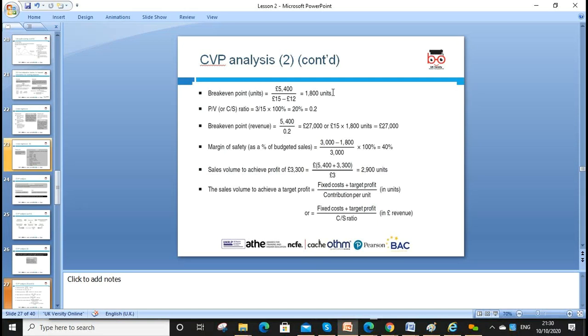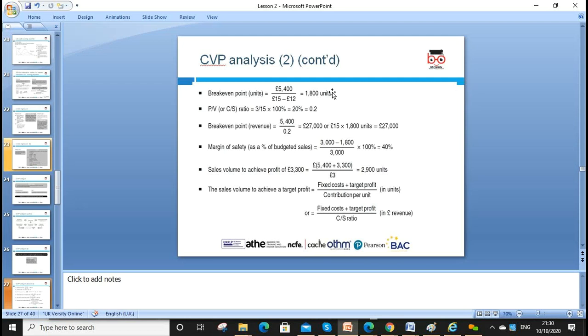So what is the contribution ratio? 3 is the contribution, 15 was the selling price, times 100. So there is a 20% contribution to sales ratio. So break even revenue is 5400 divided by 0.2, so sales of 27,000 worth.